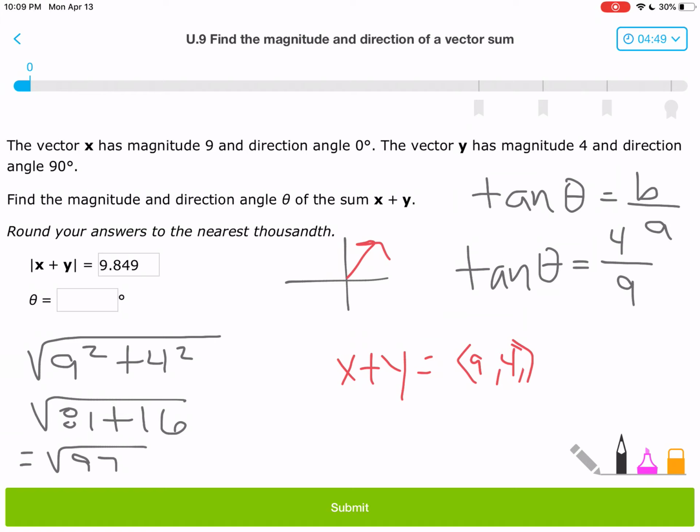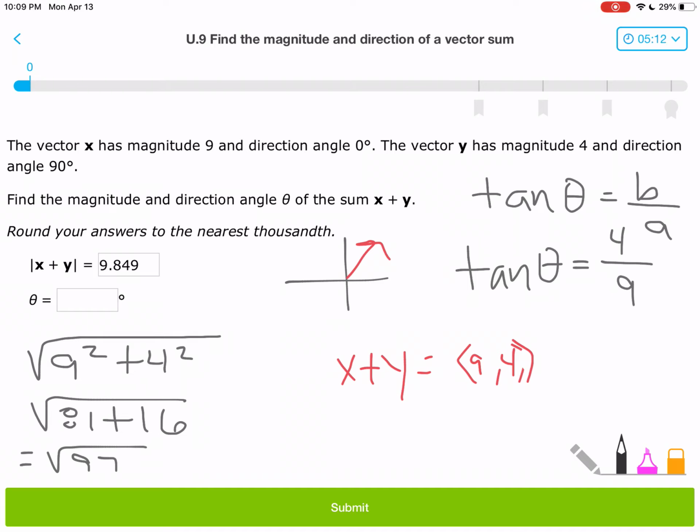If I get my calculator out and input the inverse tangent of 4 over 9, I'm again going to get a decimal, and I can just round that to the nearest thousandth. Let me double check really quick.